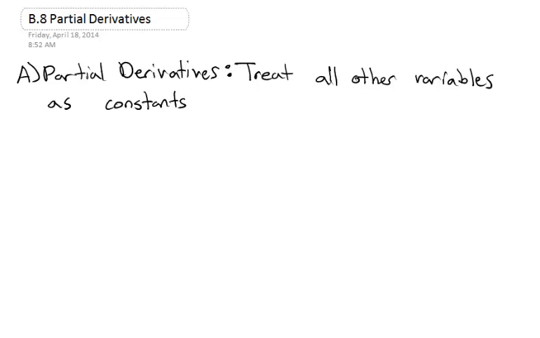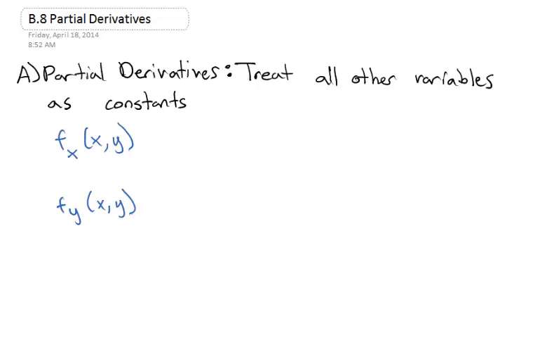So first we need a little notation so we know what we're talking about. There's about 4 different ways we can see a partial derivative. We're used to seeing f of x comma y to represent that there's 2 variables in there, x and y. And if we want the partial derivative with respect to x, we'll see a little subscript of x, or possibly a little subscript of y.